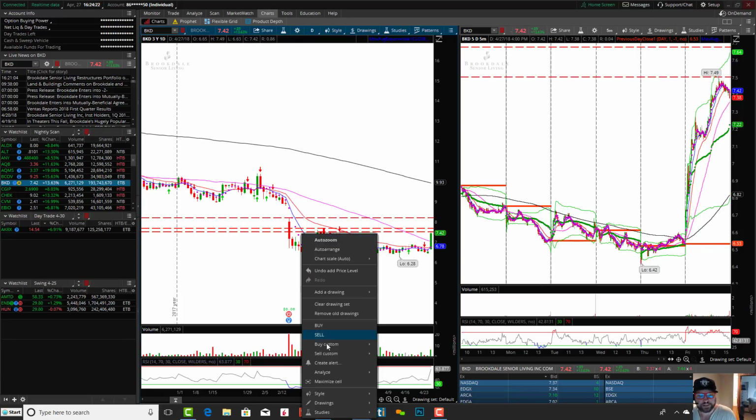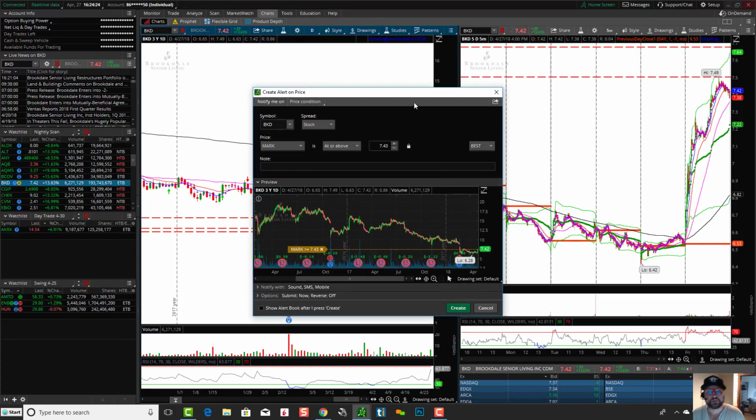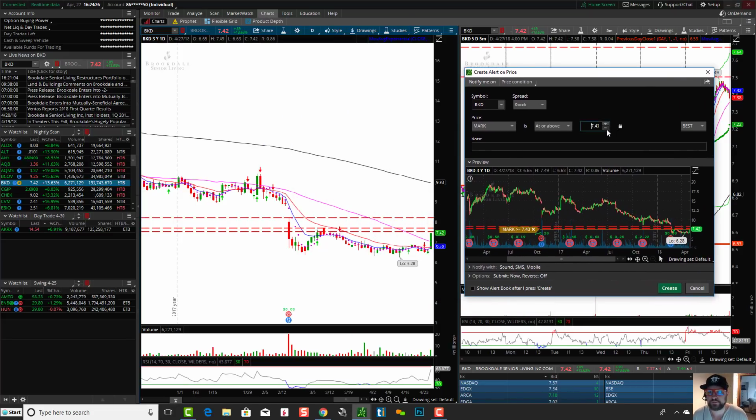So BKD 742. Watch if price can get above 768 area and broach bottom of gap around 820.